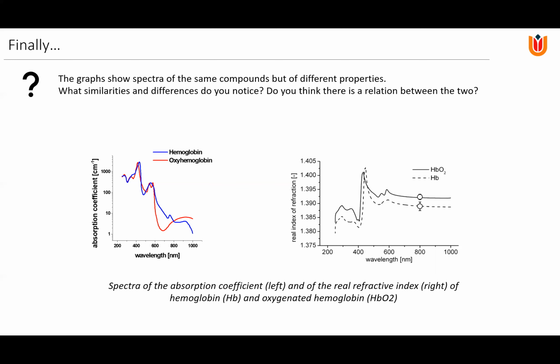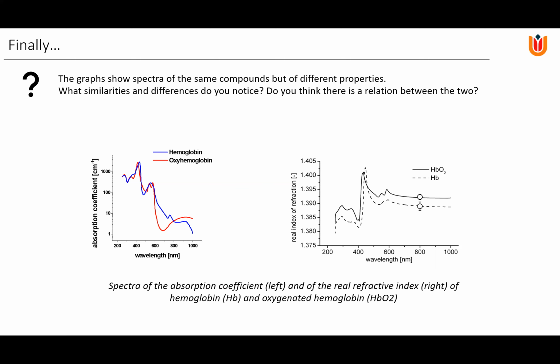For the oxygenated hemoglobin, around this wavelength band, there is a peak, a valley, and a peak, whereas for the hemoglobin, there is just one peak. That's a notable difference. Also, there are some wavelengths that you can identify in the spectrum where the absorption coefficient is the same for both.